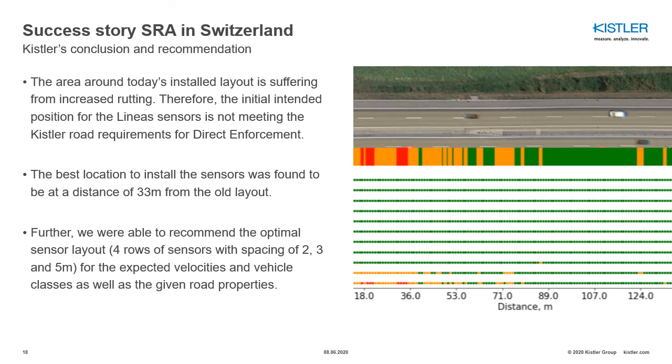So despite that this road was considered quite a good road, this service provided a better position for higher accuracy and lifetime levels. Further, we were able to recommend the optimal sensor layout.